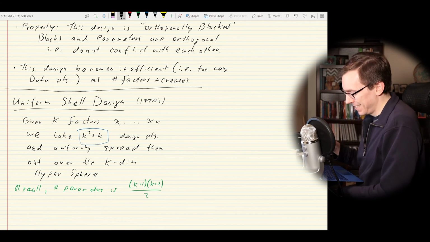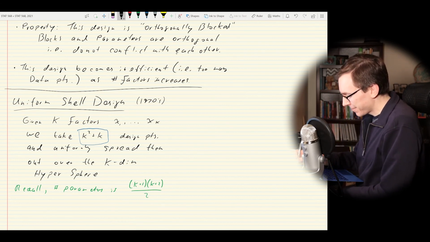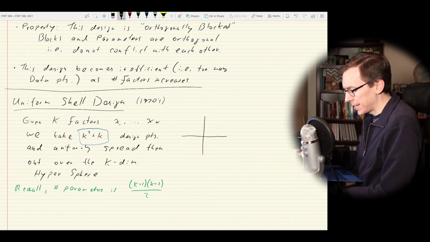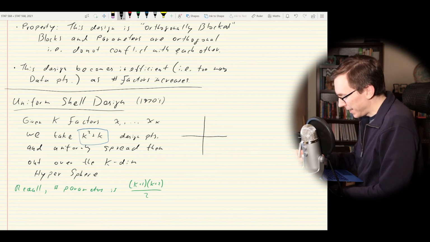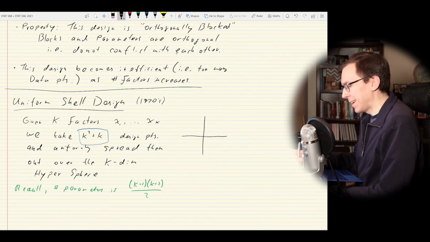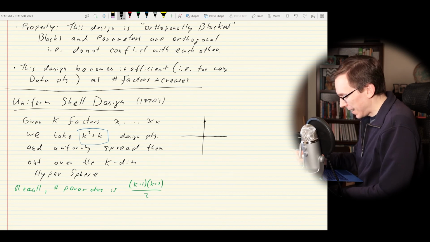The easiest would be in 2 dimensions. In 2 dimensions, we have 6 points because 2 squared is 4 plus 2 is 6. And what we end up with is a hexagon, if I can successfully draw a hexagon, something that looks like this.